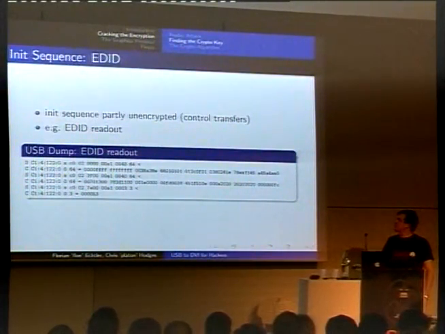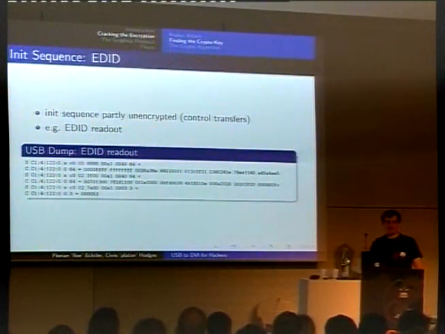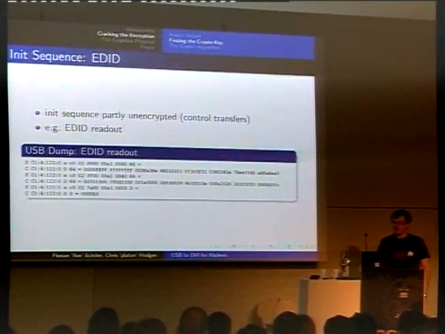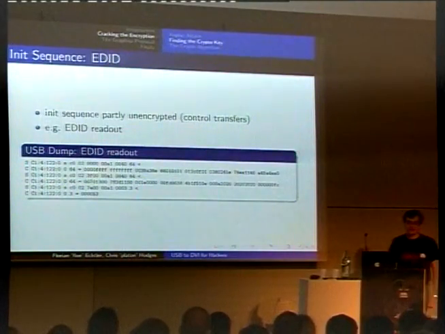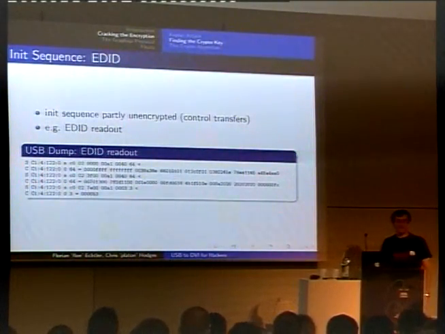Here, 64 bytes are read twice and 3 bytes additionally, so you get a total of 131 bytes. This is the EDID block plus 3 length bytes, and this is exactly the EDID data of the attached monitor. So at this point, encryption doesn't yet happen.